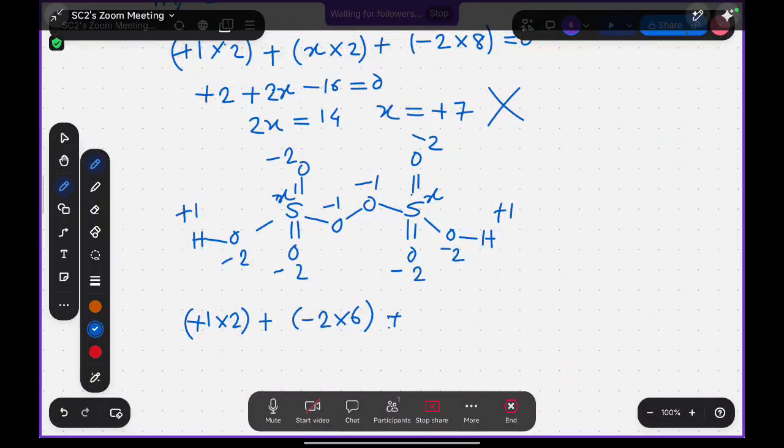Then we are having 2 peroxo oxygen atoms, so it is -1 into 2. Plus we are having 2 sulfur atoms, 2x, is equal to 0.